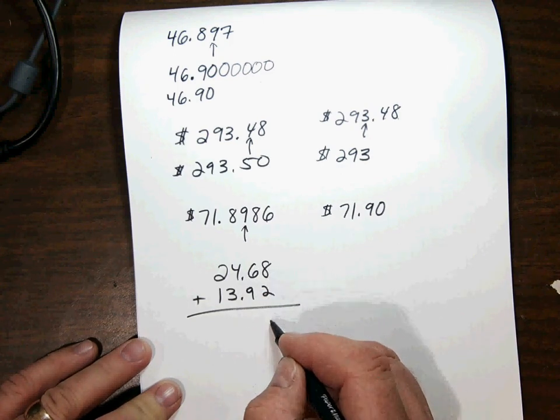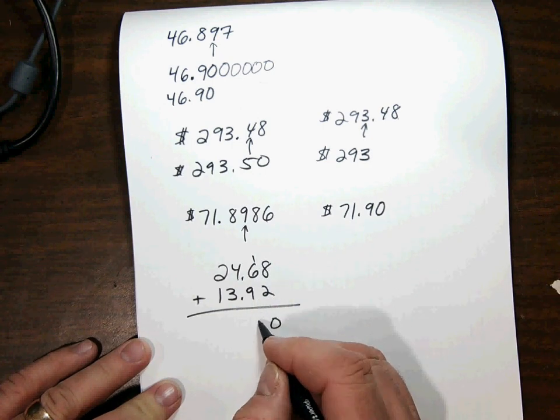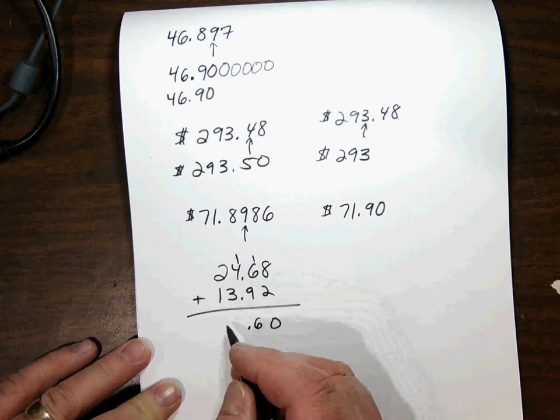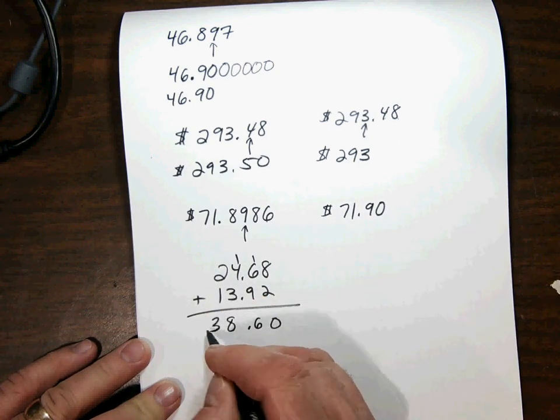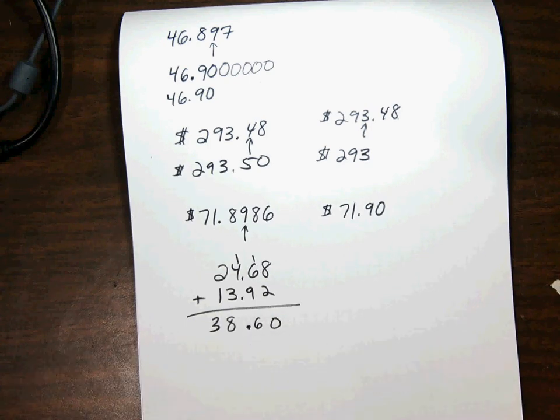So, you know, 8 plus 2 will be 10 there, carry the 1. That'd be a 6 there, carry the 1, bring the decimal right on down. 8 and 3, okay? Just carry the decimal right down. So when you're adding or subtracting numbers with decimals, you just carry that decimal straight on down.